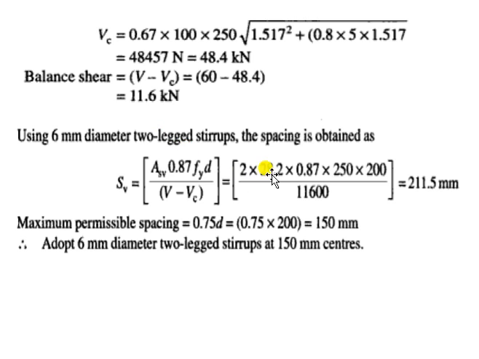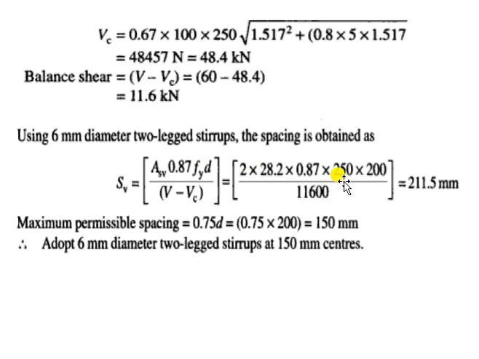It is two-legged stirrups, hence it is 2 times 28.2, which is the area of one stirrup, that is pi d square by 4, equal to pi into 6 square by 4. You will get 28.2.